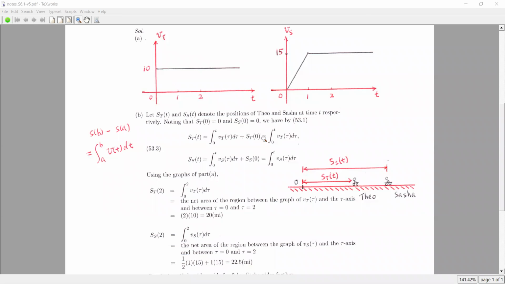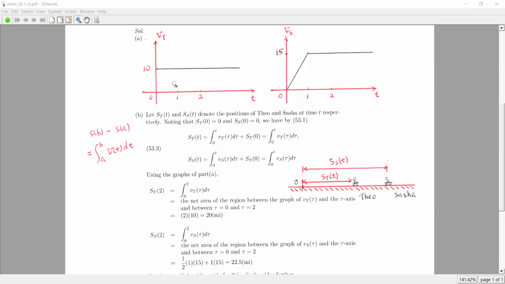Now, in this equation, set t to 2. Then, after 2 hours, the position of Phil is given by this integral. This integral is the net area of the region between the graph of the velocity and the horizontal axis, and between 0 and 2.